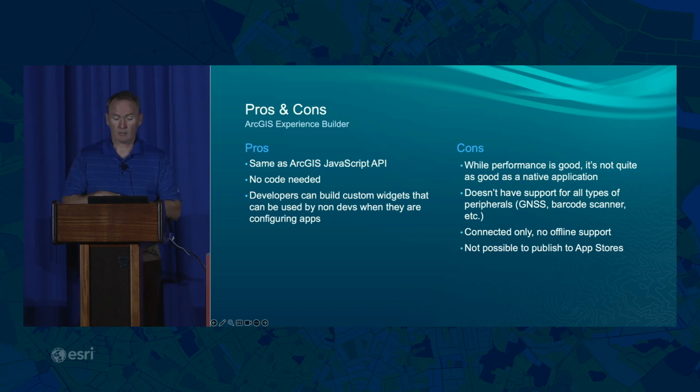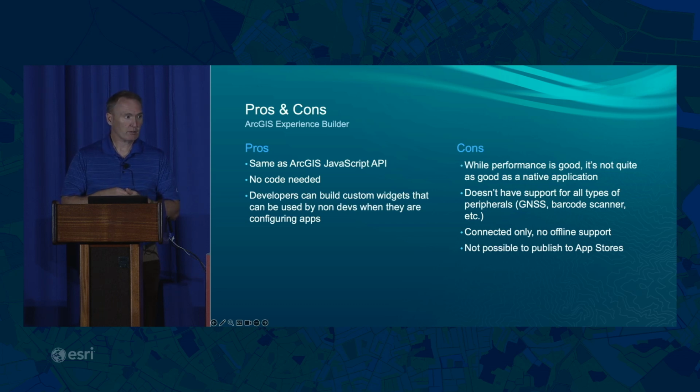Some of the cons: while performance is good, it's like the JavaScript SDK. It's not quite the same as having a native application. Again, those peripherals: if you need to connect to GNSS, GPS receivers, barcode scanners, RFID, and others, directly through Bluetooth or other ways, you typically wouldn't have the same amount of access and capabilities.